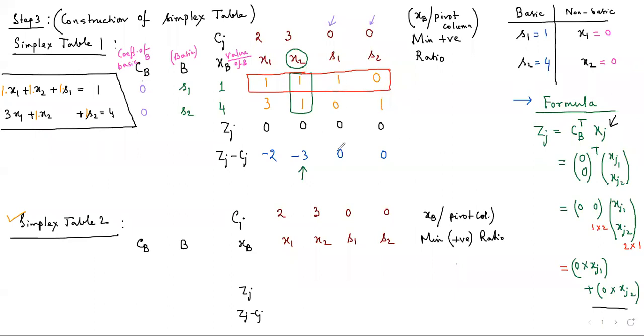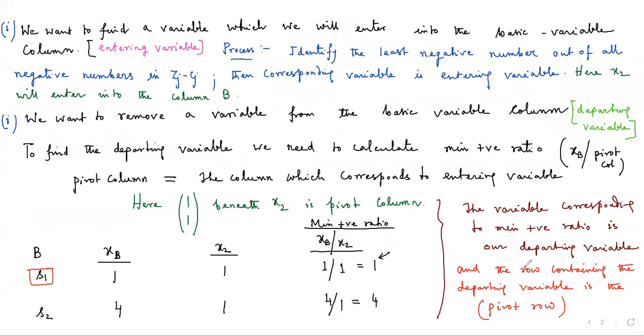This row is my pivot row, the red one. The red one is pivot row. The green one is pivot column. So everything has been identified. We are ready to construct simplex table 2.